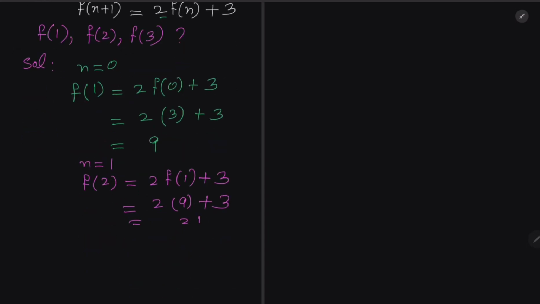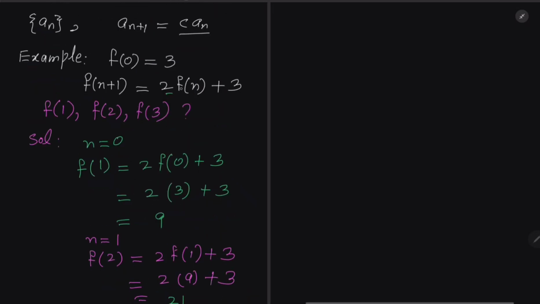Then we have n is equal to 2, f of 3 is 2 f of 2 plus 3. f of 2 is 21, so 42 plus 3, then we have 45. So that's how you generate a sequence from this simple recursion formula.